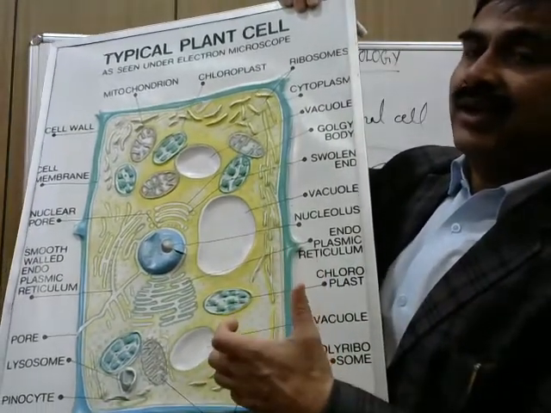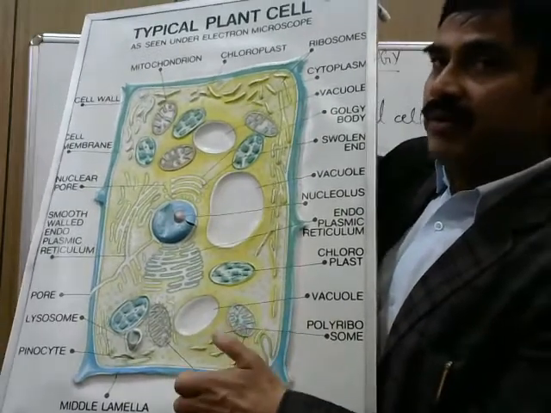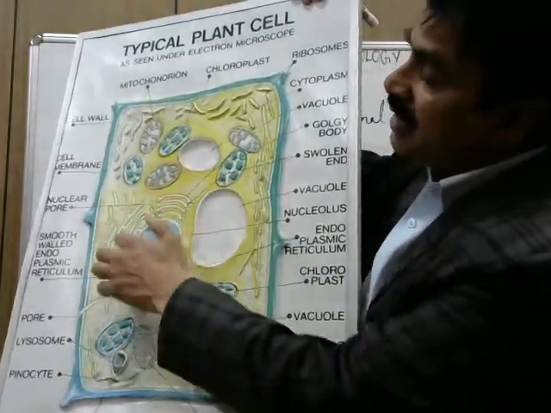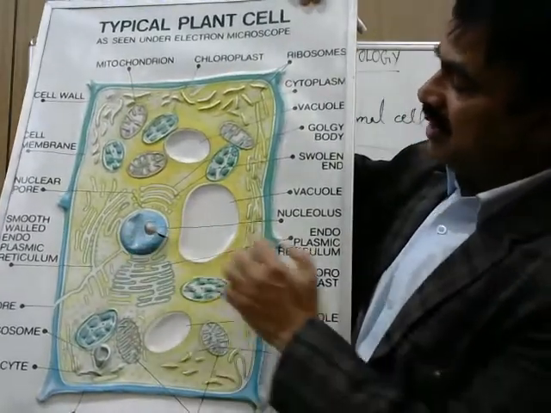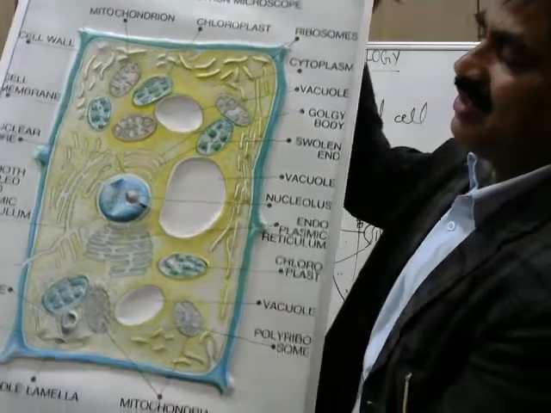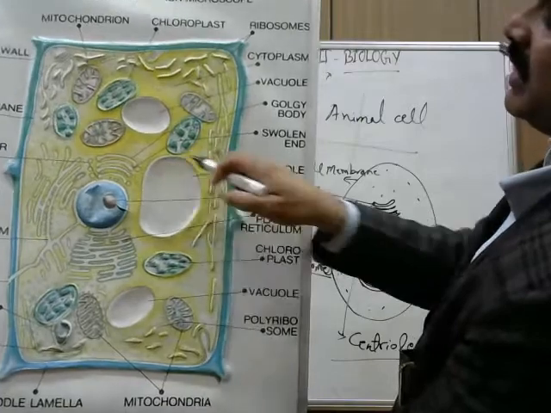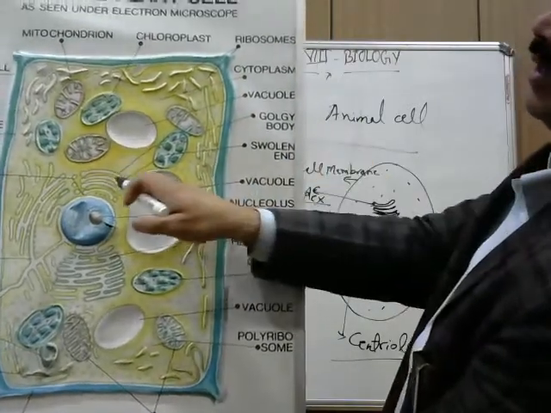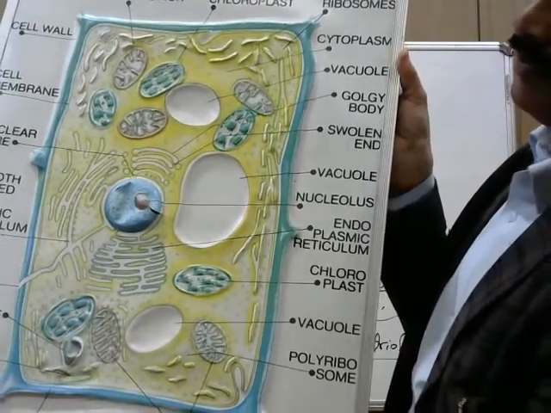So one difference you can write: the plant cell contains comparatively bigger food vacuoles. Look at the nucleus, which is the same as in the animal cell. Nucleus contains the nucleolus. You can see this nucleolus clearly here, right? The nuclear membrane and Golgi complex, Golgi body. You can look at this Golgi complex, right?